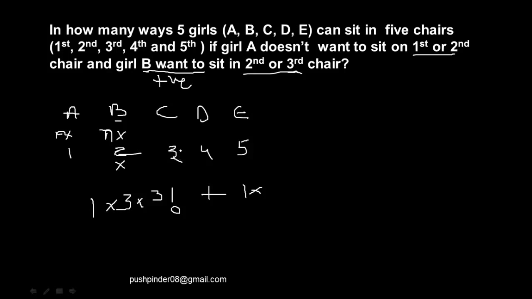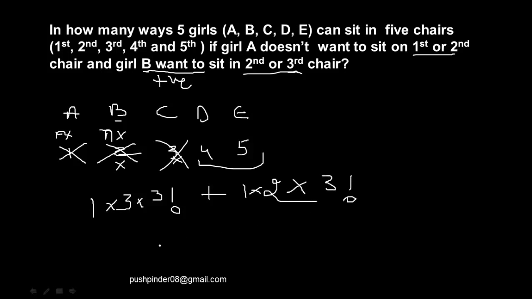Girl A does not want to sit on the first or the second, and the third chair has already been taken, so she is left with 2 choices. And now there are 3 girls left and 3 chairs left, which can be solved with 3 factorial, right? So I hope everyone is understanding.